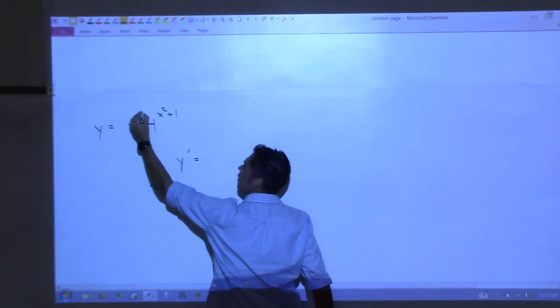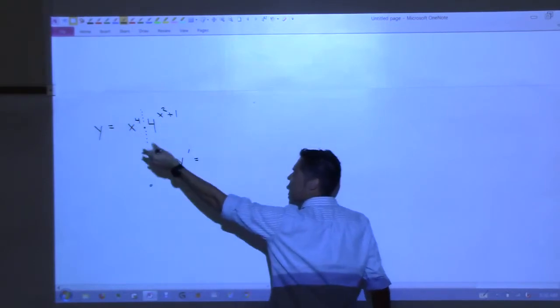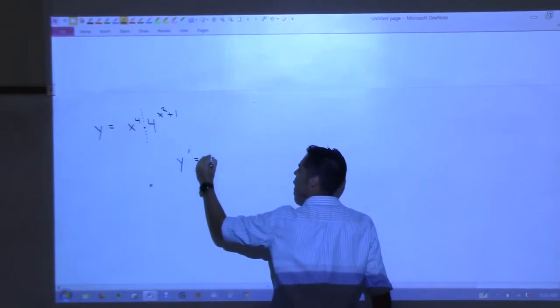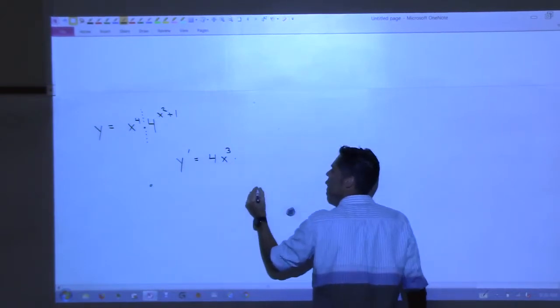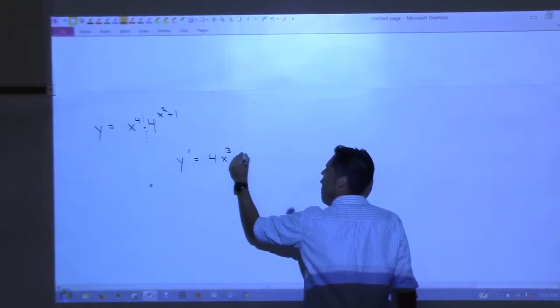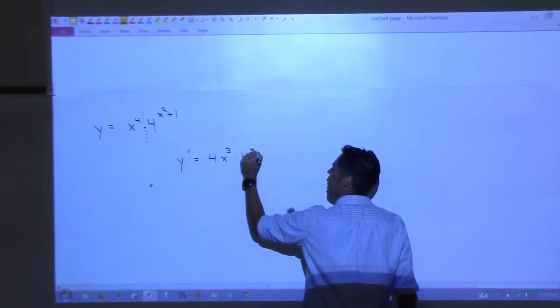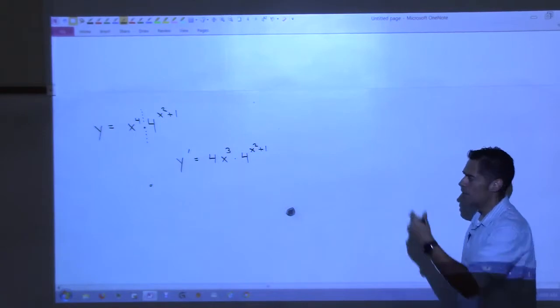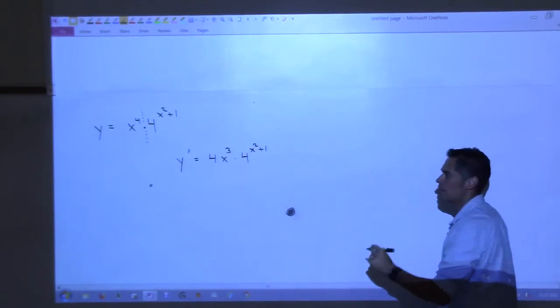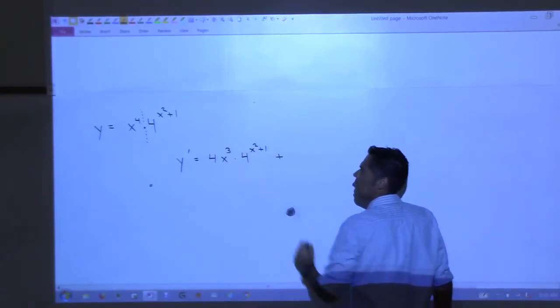So we're doing derivative of the first one, which is 4x to the third times 4 raised to the x squared plus 1, right? So that's the beginning of the product rule. That's f prime g. Now plus g prime.